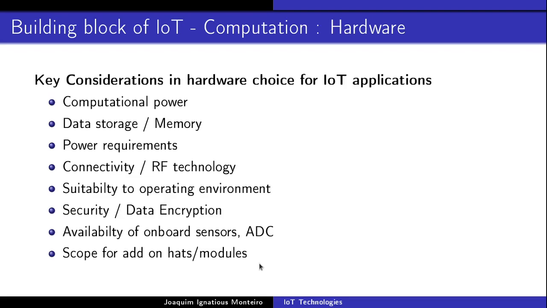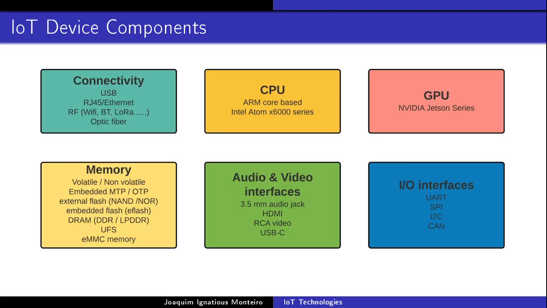You can put a Wi-Fi hat or a Wi-Fi module on top of that. So that is add-on modules or hats. That is another feature which we consider. You just don't blindly choose hardware, but we need to consider those things. All this is familiar to us.